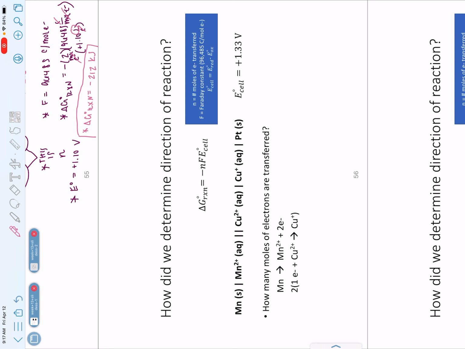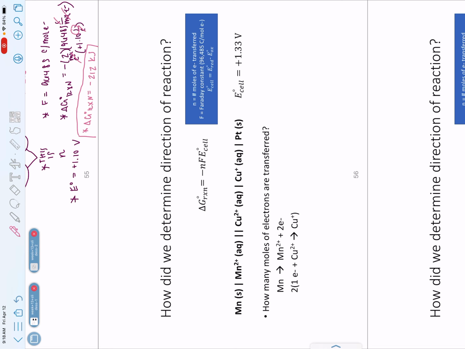So as I look at this particular reaction, when I separate this into half reactions, I've got copper. It's not going to copper solid, it's just going to copper plus 1. And over here I've got manganese going to manganese 2 plus. So when I set this up, and I think about how many electrons have to move, my copper is only changing by 1 electron.